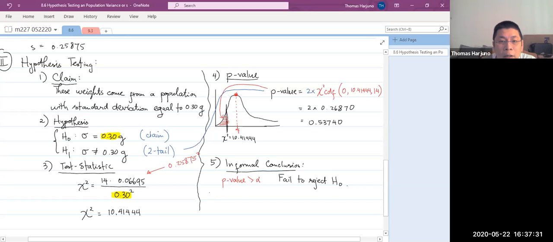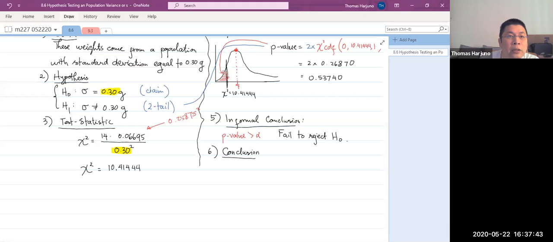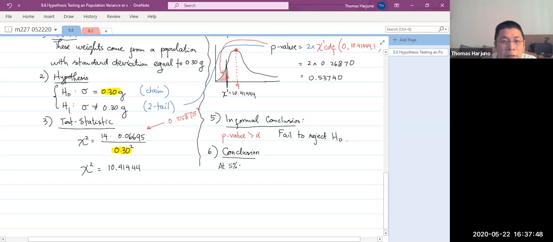And then finally, the conclusion will be: at 5% significance level, there is insufficient evidence to reject the claim.